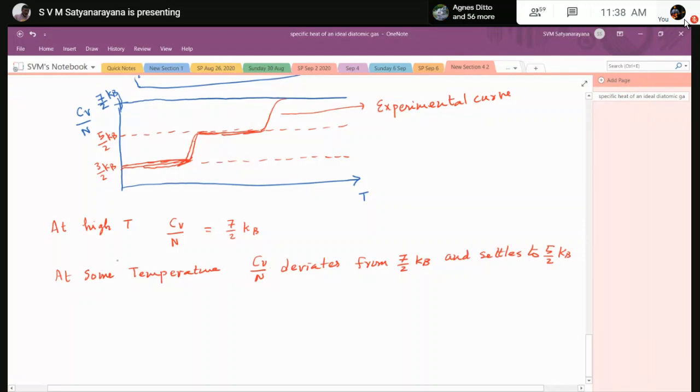Now this can be understood from freezing of vibrational degrees of freedom.